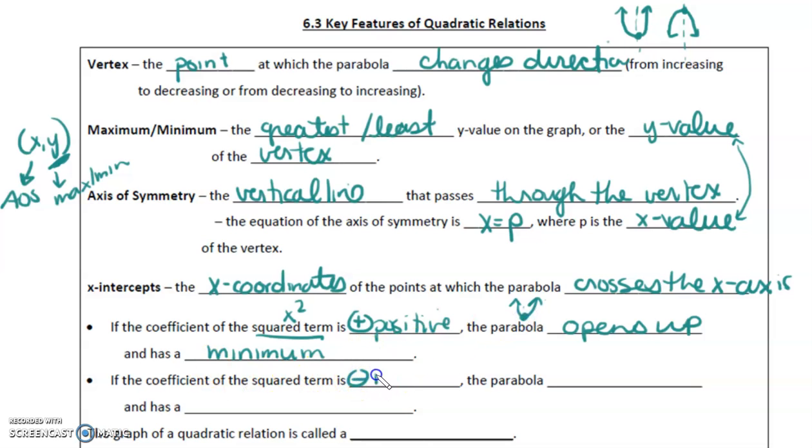Whereas if the coefficient of the squared term is negative, think sad face, the parabola opens down, and therefore this point right here is going to be called a maximum. And as a recall, the graph of a quadratic relation is called a parabola.